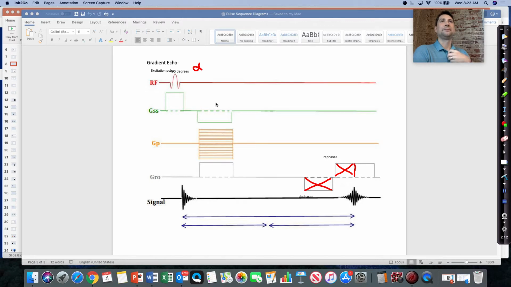Remember why you typically shim your magnet? You want the field to be as homogeneous as possible. So that 180 degree refocusing pulse does all those things. The gradients are less efficient at doing that. So that's why if you had a patient with metal in their knee, you're going to want to choose a spin echo pulse sequence versus a gradient echo pulse sequence, because gradient echo doesn't correct for that metal susceptibility artifact as well.